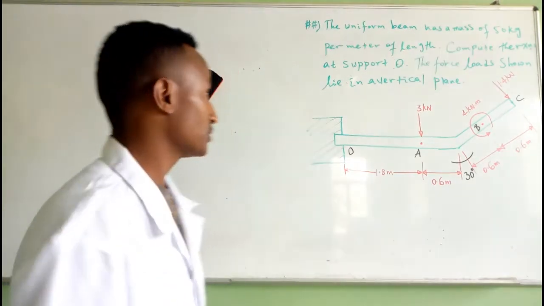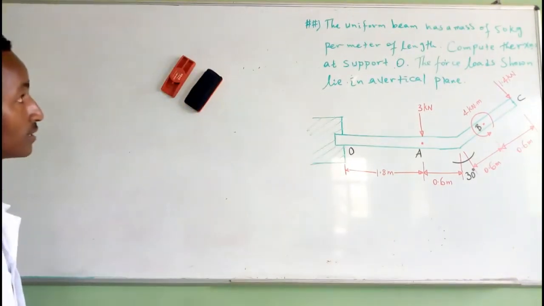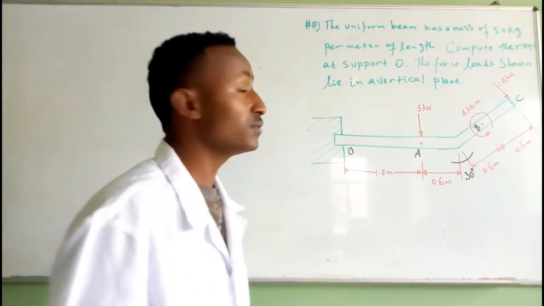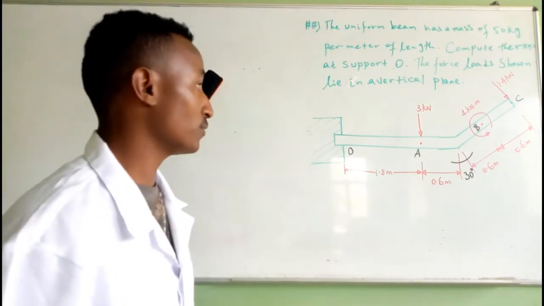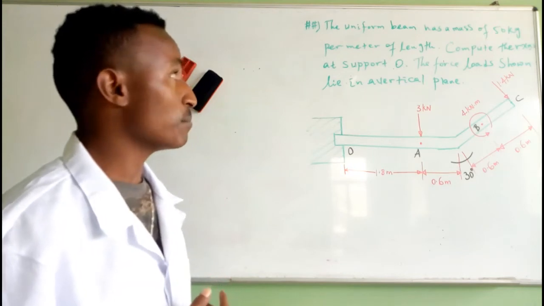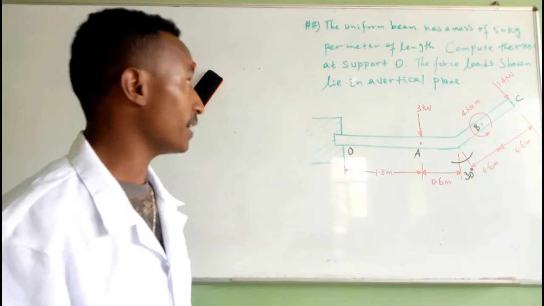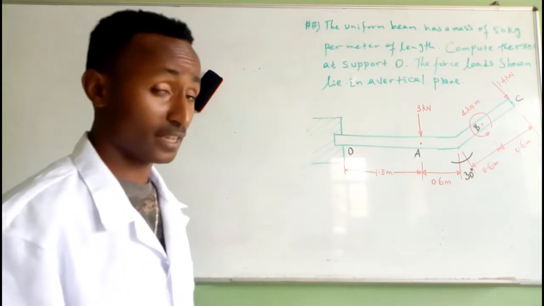So let's start the question. It says the uniform beam has a mass of 50 kilogram per meter of length.